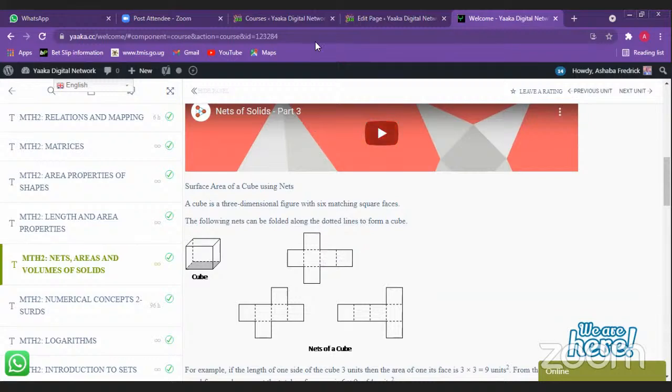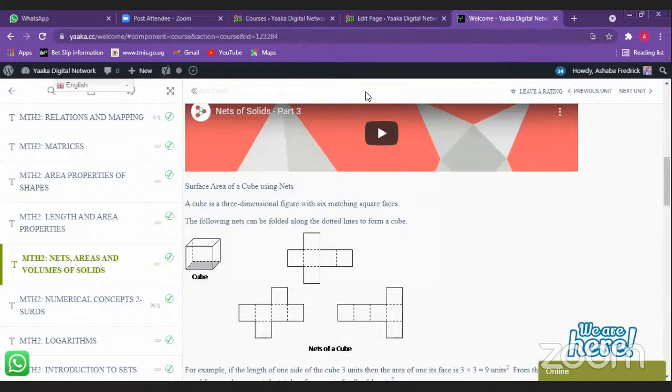Is it understood? Yes. Okay, so how do we get the area of a square? So maybe if we picked out one of the squares. Yes, Asante, you are welcome.